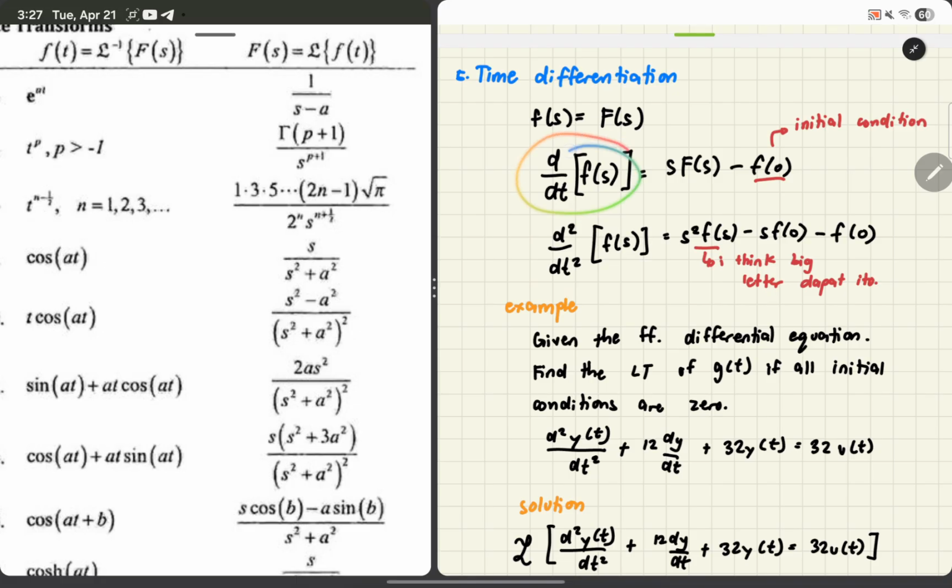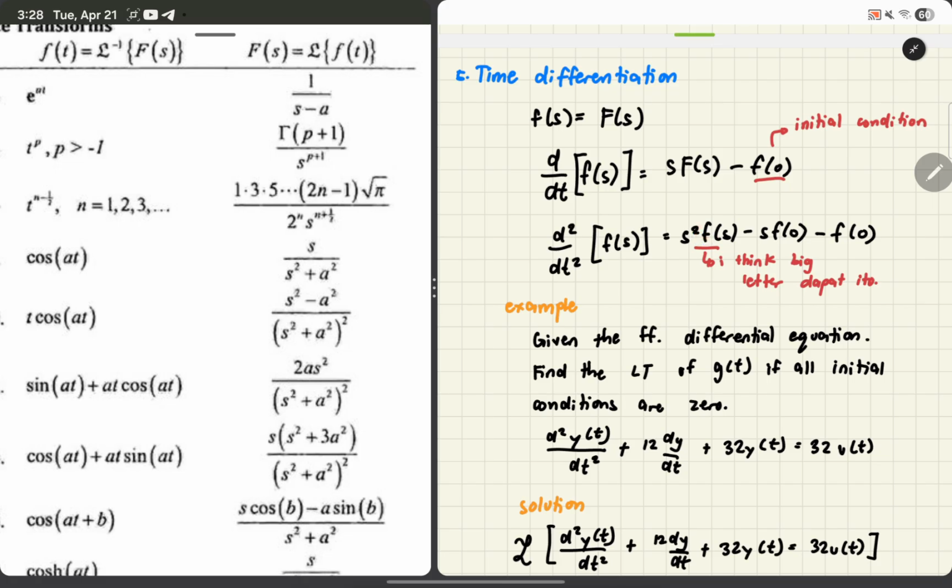If we have d over dt, we'll only have f of s minus f of 0. So the first exponent of s in the initial one matches the exponent of our d over dt. As you can see, if d over dt was raised to 2, the first exponent of s will also be 2.